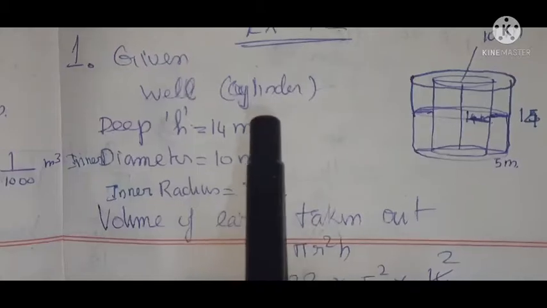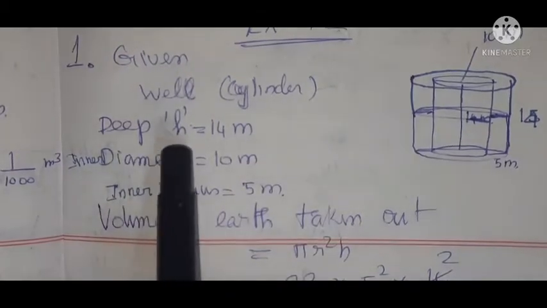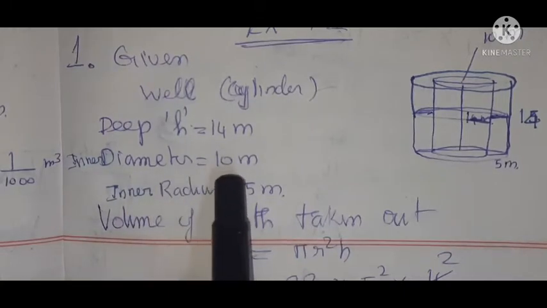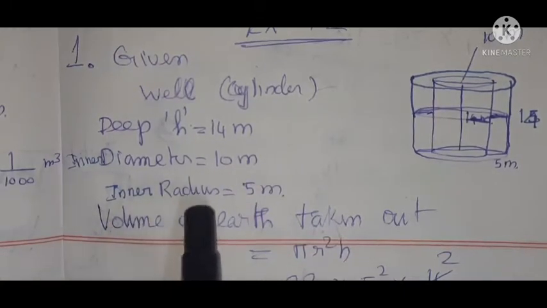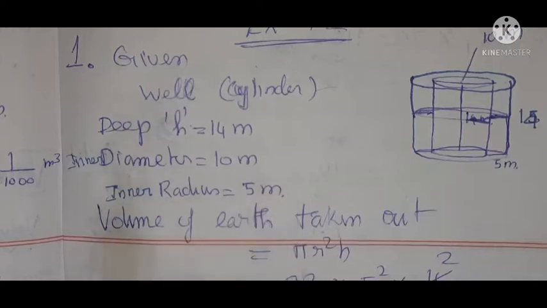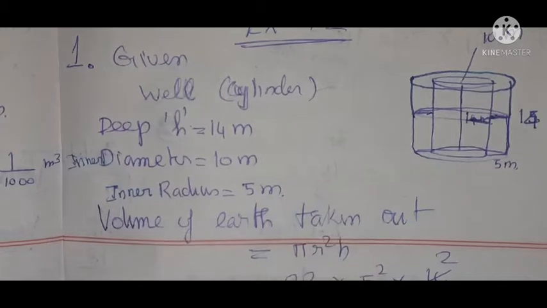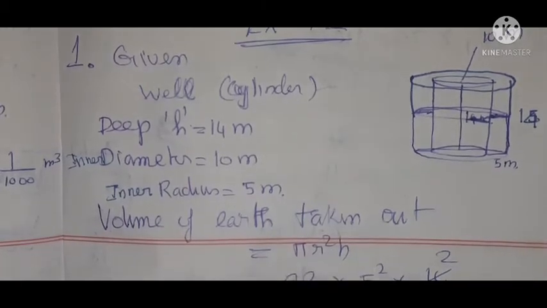the well is a cylinder. Deep, that is height, h is equal to 14 meter. Inner diameter 10 meter, inner radius 5 meter. Volume of the earth taken out: formula is volume of the cylinder, that is pi r square h cubic unit.